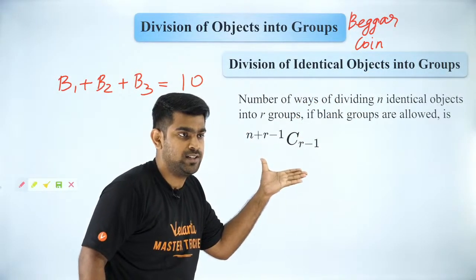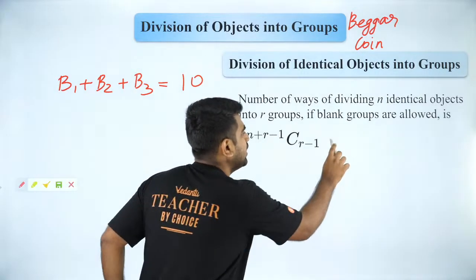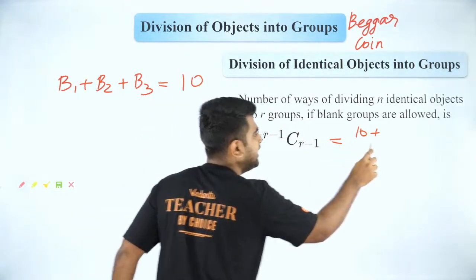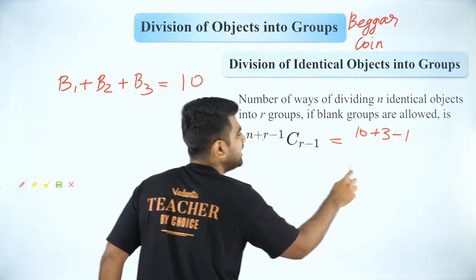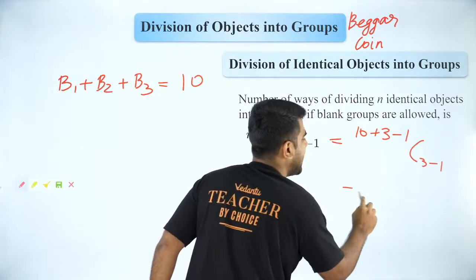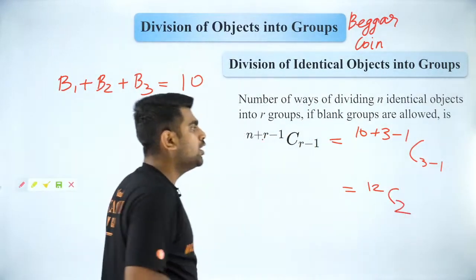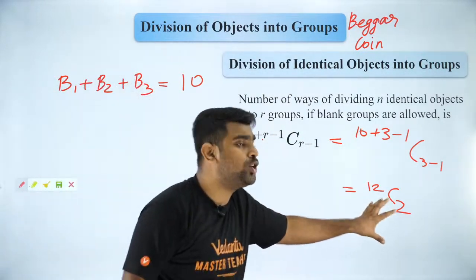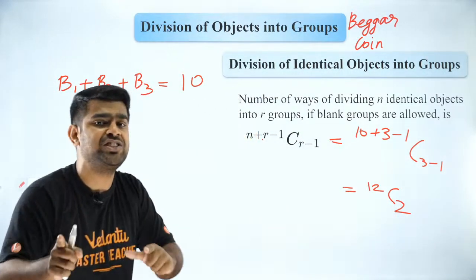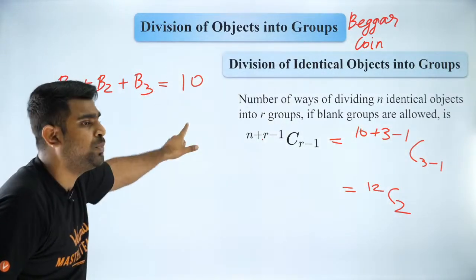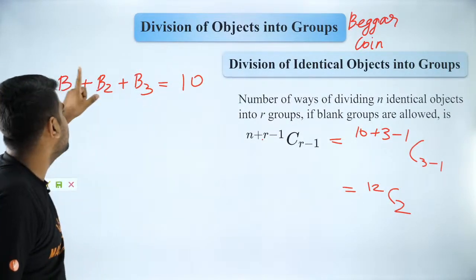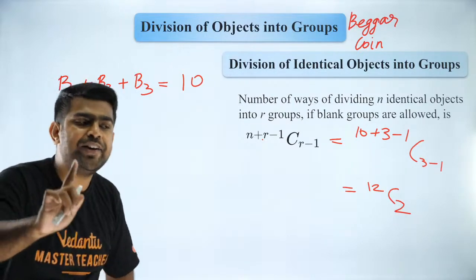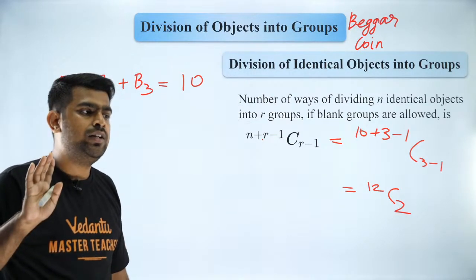So the answer is number of coins 10 plus number of beggars 3 minus 1, C 3 minus 1. So the answer is 12C2. So 12C2 ways are there by which Aditya can distribute these 10 coins to the 3 beggars. Are you guys able to understand that?